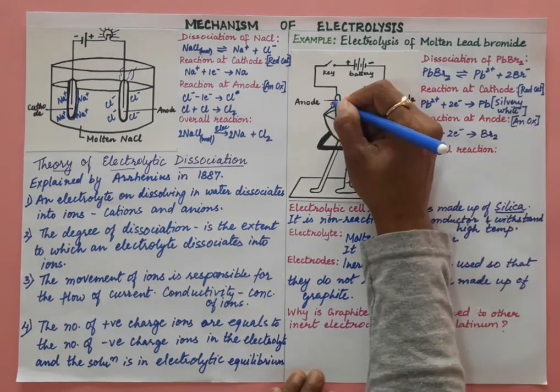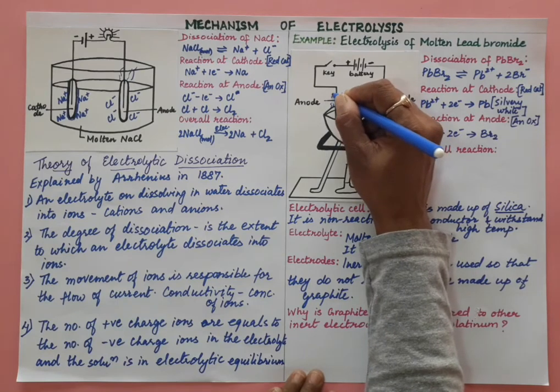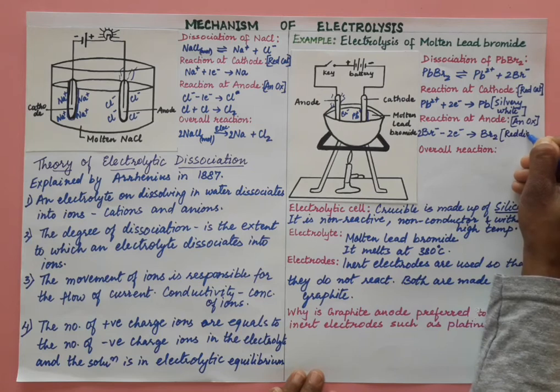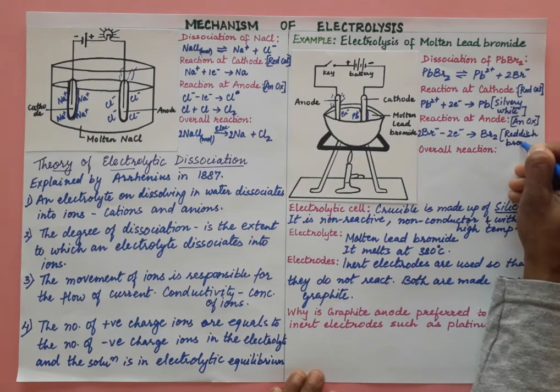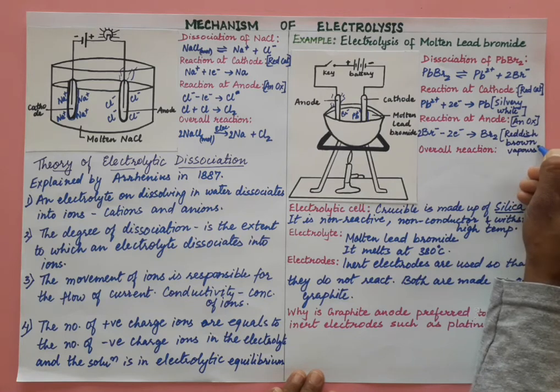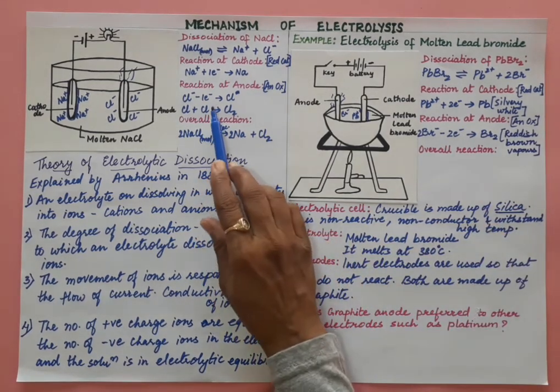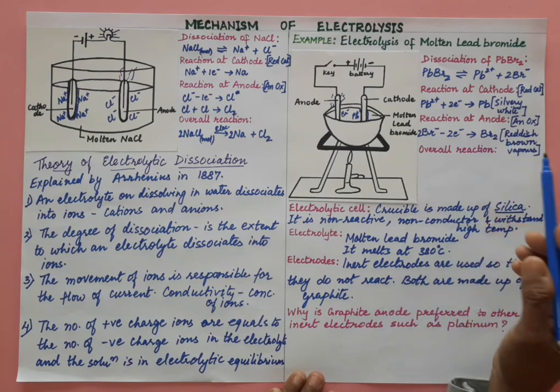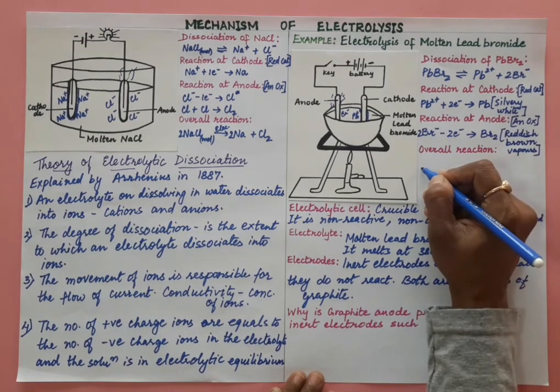At the anode we see reddish brown bromine vapors liberating. We can write the reaction in two steps, and we can also write it in one step.